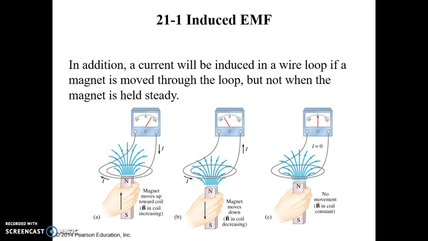Now in Figure B, the flux is decreasing because the magnetic field strength weakens, so the current will flow, following the right-hand rule, where the magnetic field it produces points in the same direction as the field lines of the bar magnet.